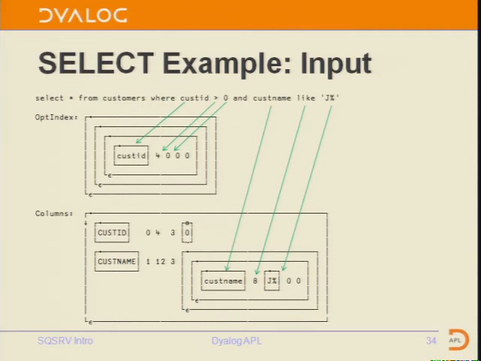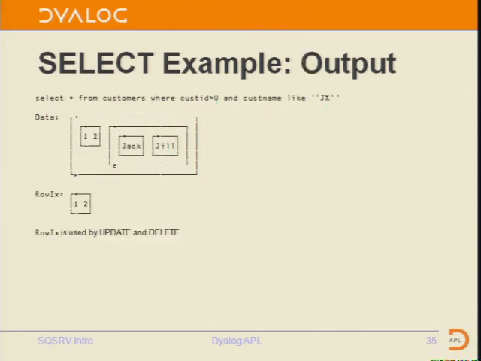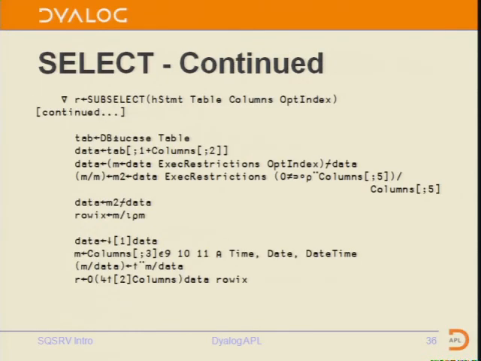That's quite simple to do in APL. And in this case, the output that you would return, you would say, well, I'm returning the data is customer ID 1, 2, and customer name Jack and Jill. And that's, I mean, the examples we've been executing do exactly that.